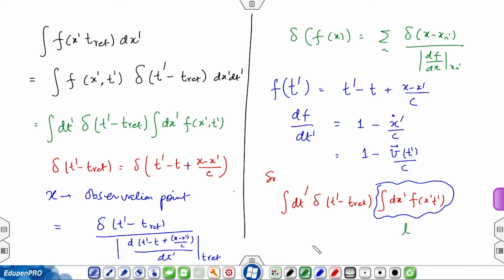When I integrate, this is going to be nothing but L divided by 1 minus v(t')/c, with t' equal to t retarded. This is the apparent length.